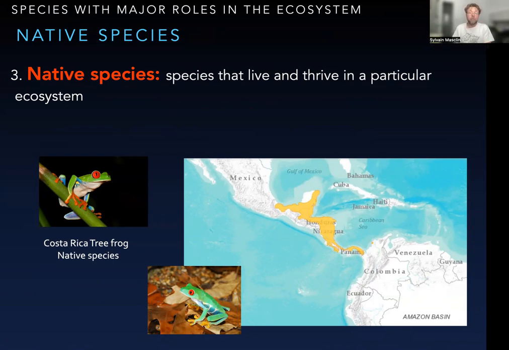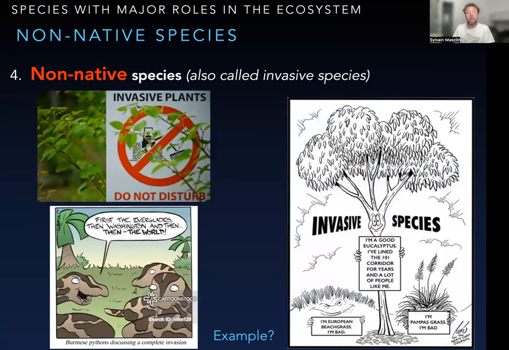Another type of species we are trying to be careful with are the non-native species, also called invasive species. Those are mostly species we bring with our activities. A lot of species came when, for example, a couple of centuries ago, we were exploring the world on boats.